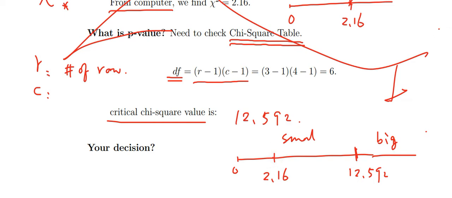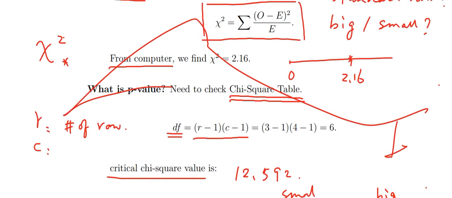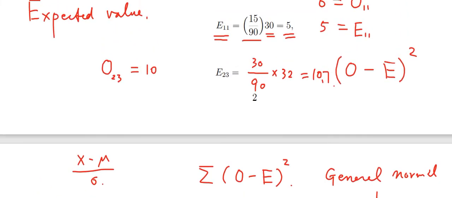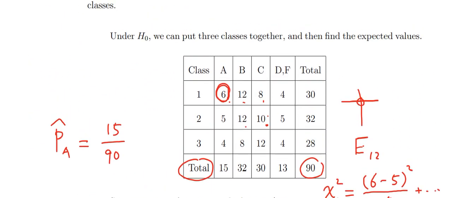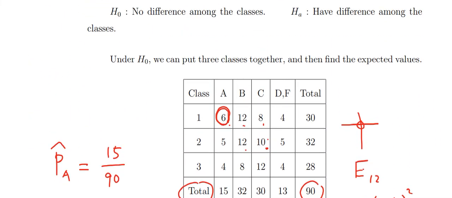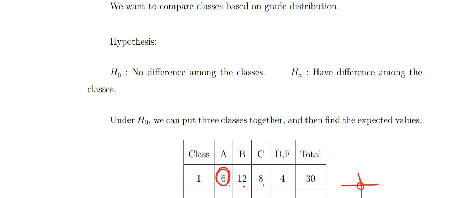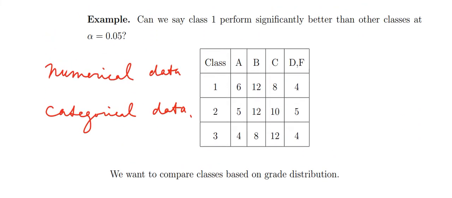If it's a small number, the decision is no difference. So for these three classes, their grade distribution has no difference.